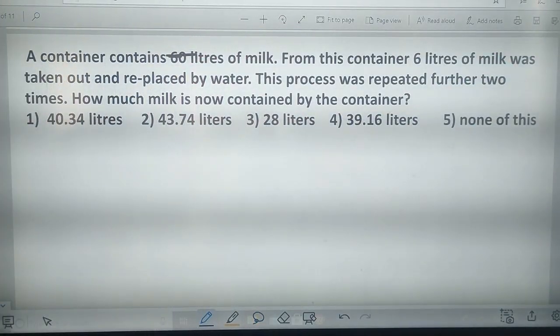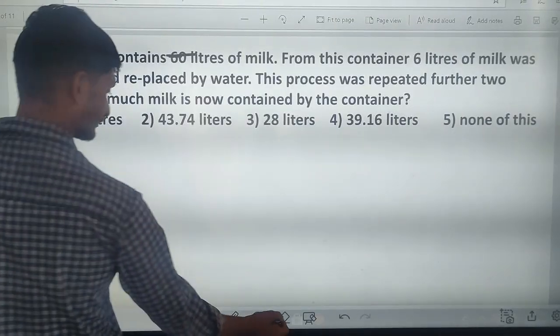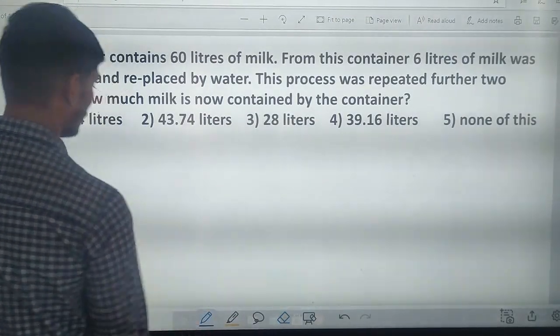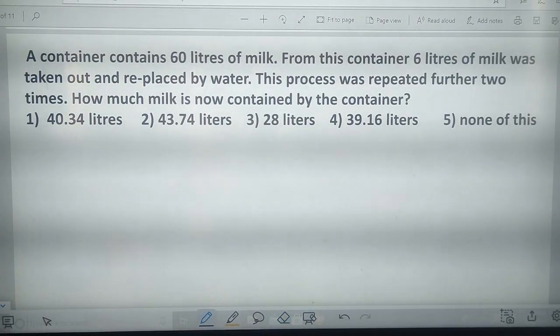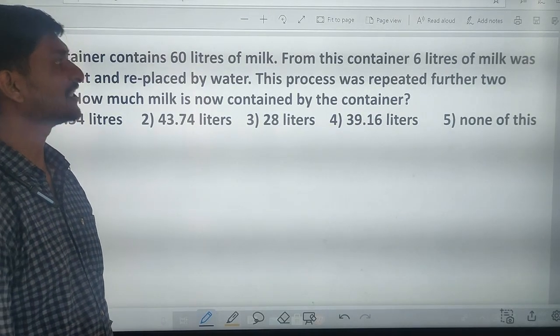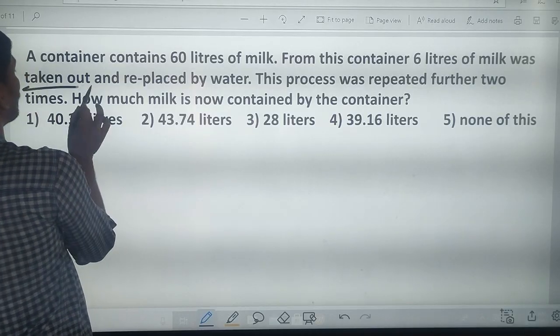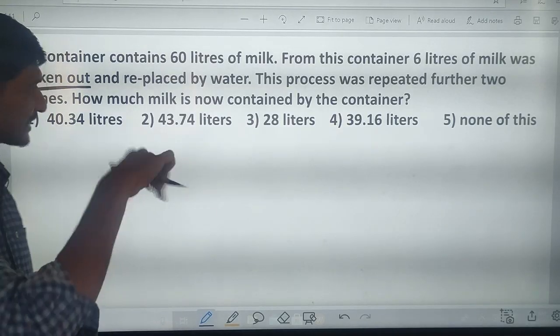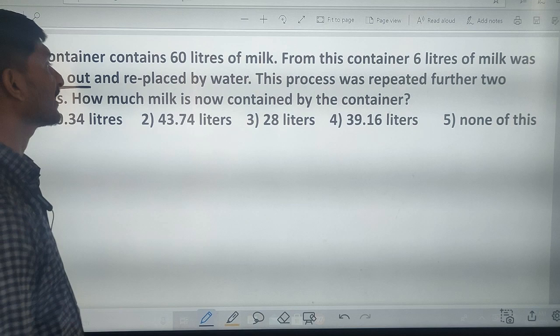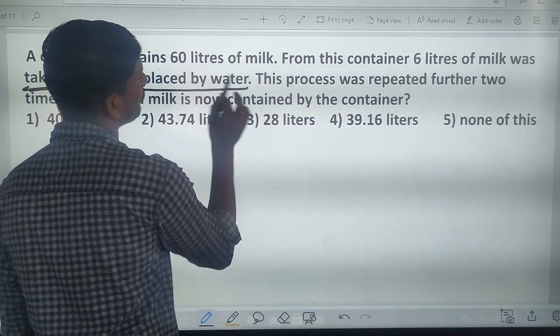Here, a container contains 60 liters of milk. From this container 6 liters of milk was taken out and replaced by water.